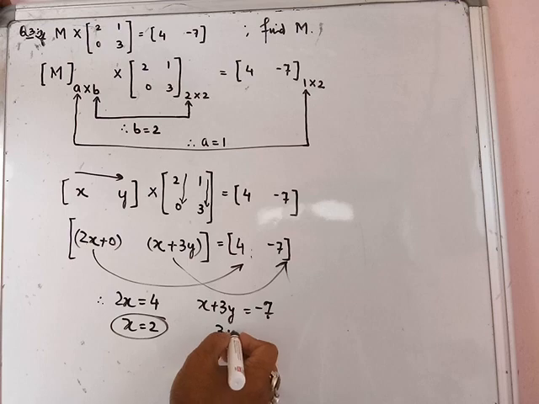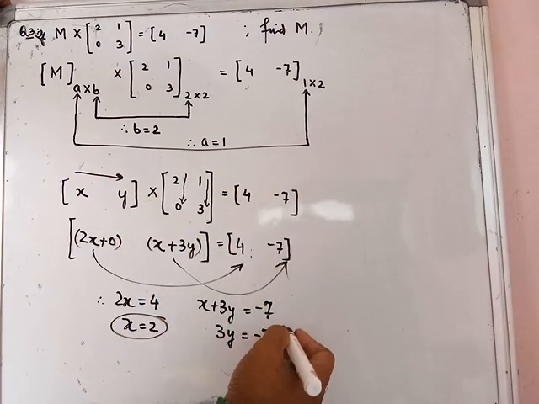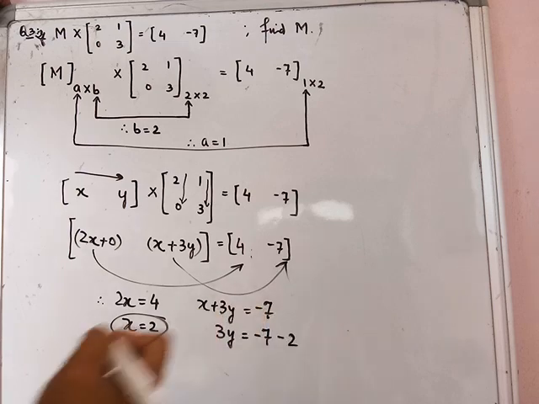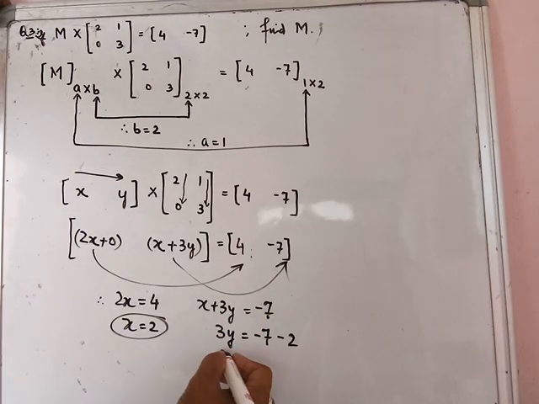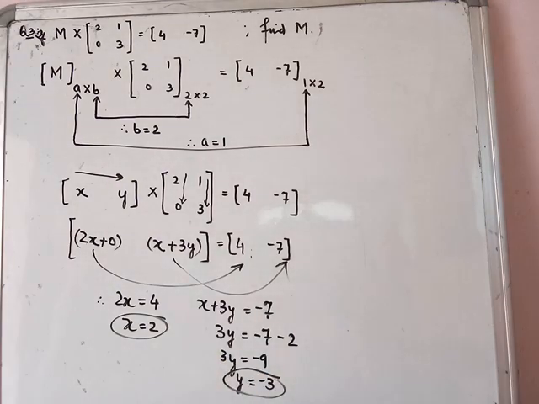So 3y is equal to minus 7, and this x goes to the other side and gets subtracted. So minus x, now the x value is 2, so I am going to write minus 2 here. Therefore 3y becomes minus 9, and therefore y becomes minus 3. So these are the x and y values.